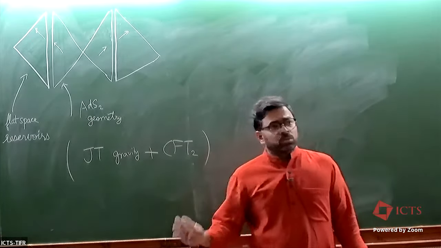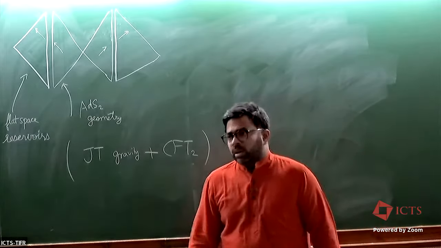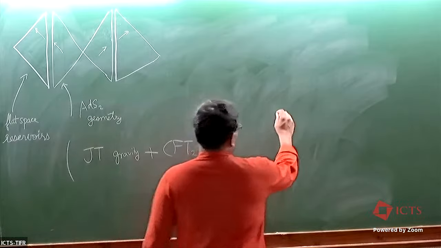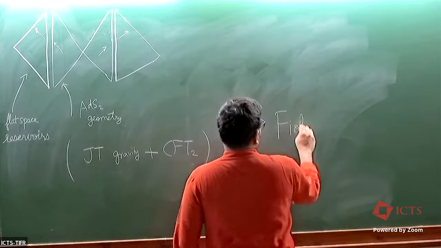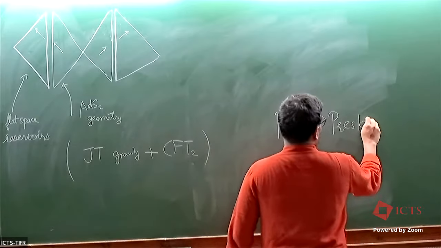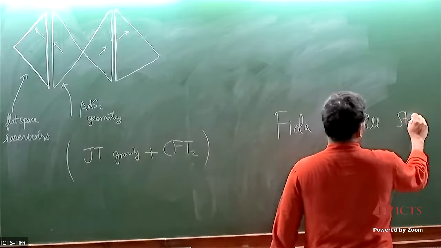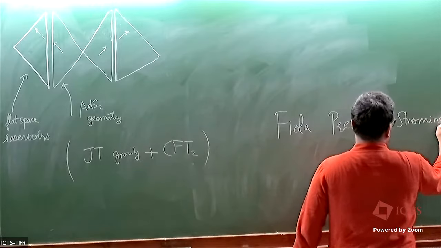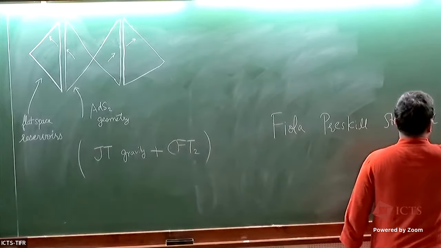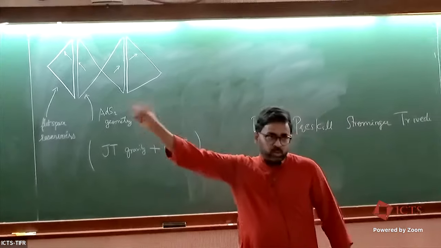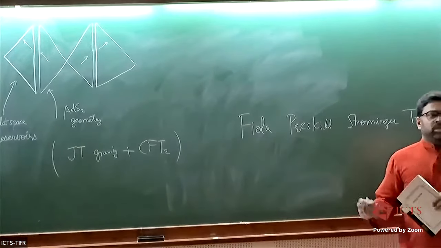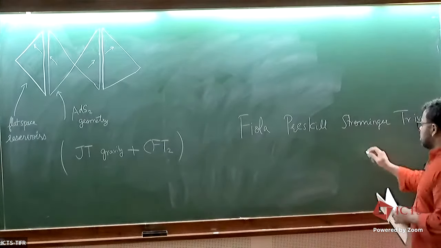Yes, that is true. I agree. In fact, I should have cited this much earlier. There is this work by Fiola, Preskill, Strominger, and Sandip, who basically use these CFT2 formulas that I was writing down to define some radiation region and calculate the entropies of the radiation region in the CGHS model.